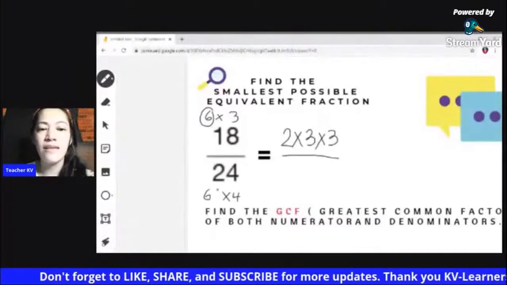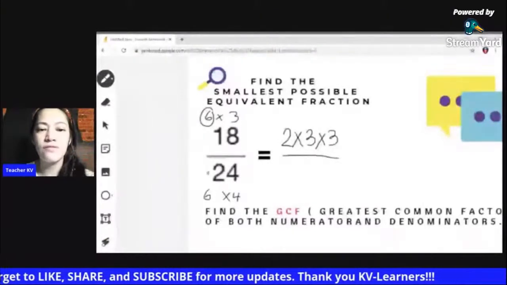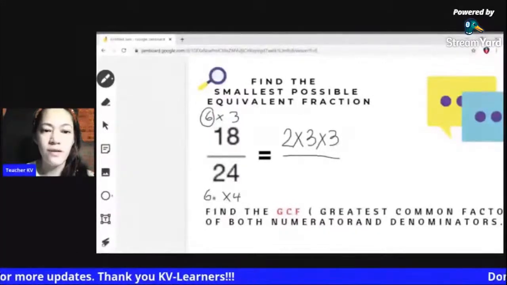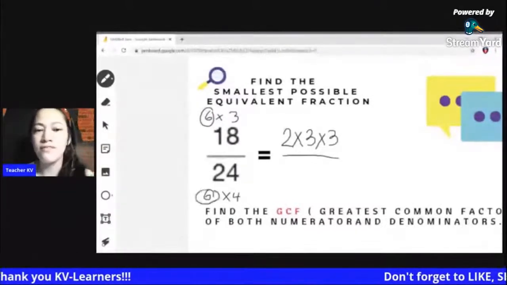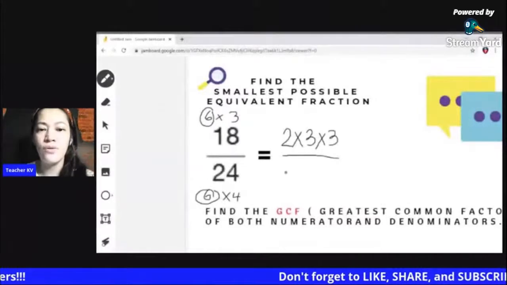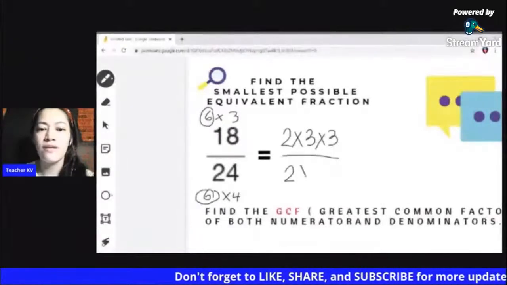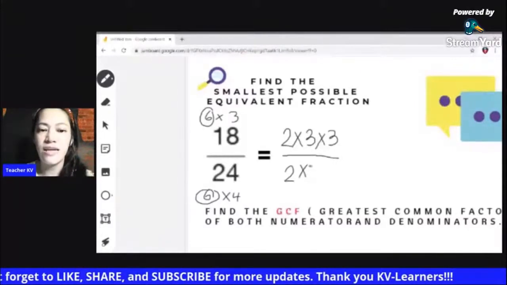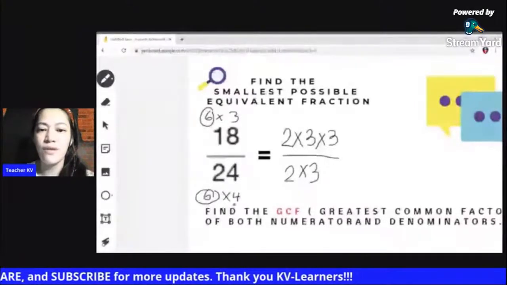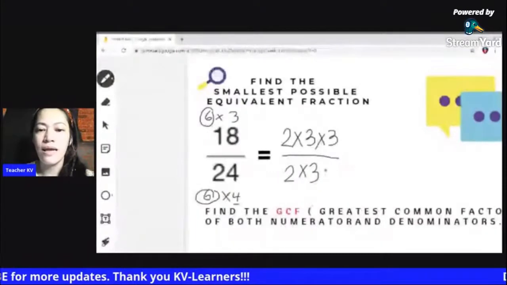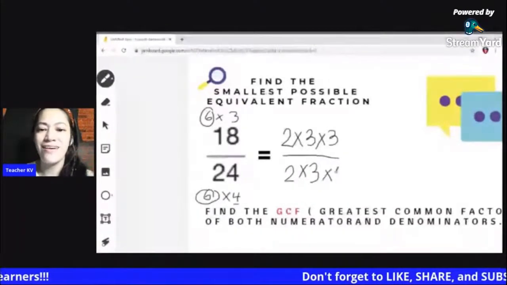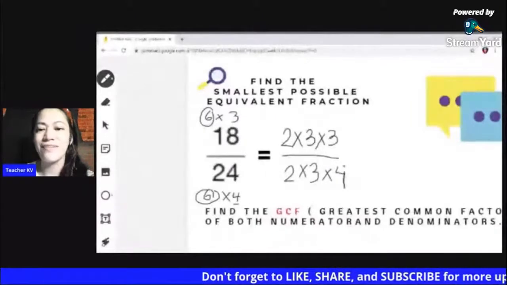And then for our denominator 24, let's factor it. What is the factor of 6? Again, 2 times 3. Okay. So, there is a remaining factor. What is left? We have 4. So, we write the 4.